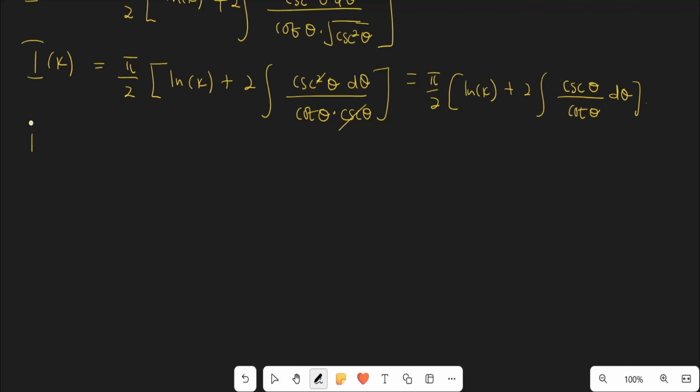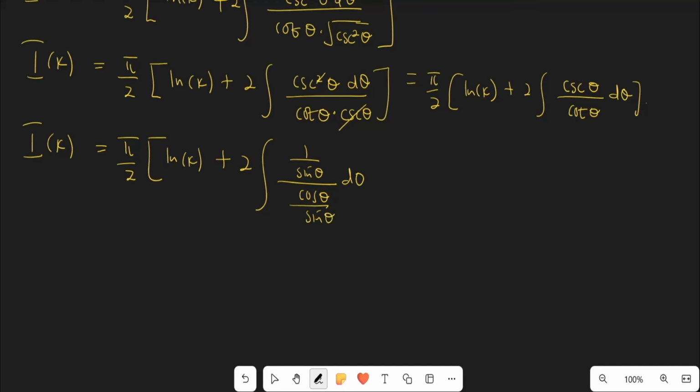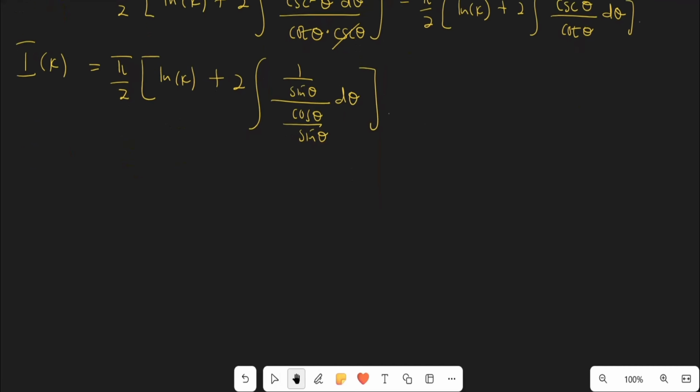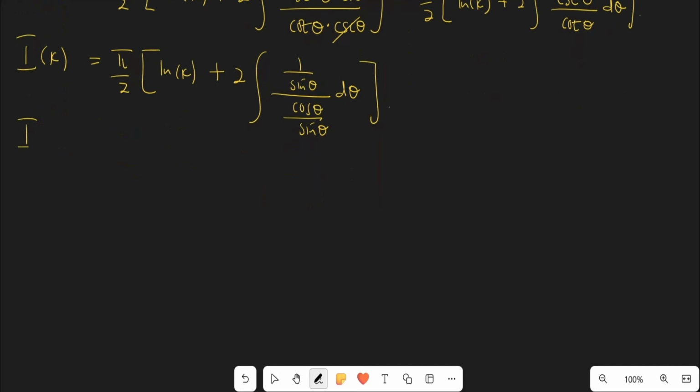Alright, so I of k is equal to pi over 2, right? And then we have the ln of k plus 2 times the integral. Cosecant of theta is 1 over sine of theta, right? And cotangent of theta is the cosine of theta all over the sine of theta d theta. And now when you multiply top and bottom by the sine of theta, this is what you have.